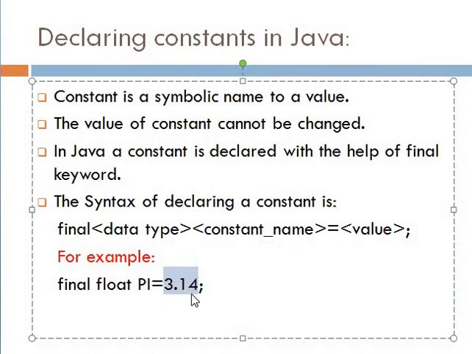And if you try to change the value 3.14 that will be assigned to the constant pi, then the compiler will show an error message.